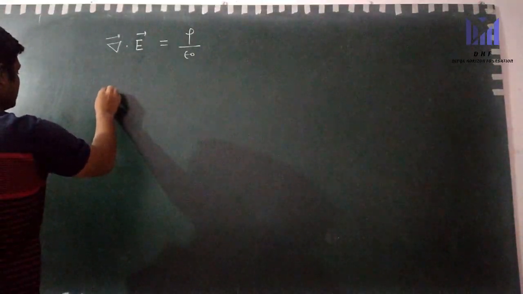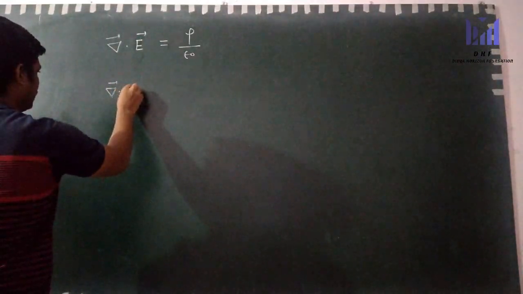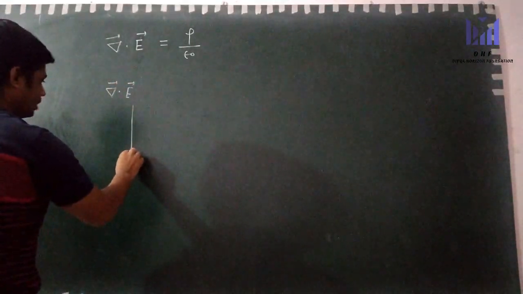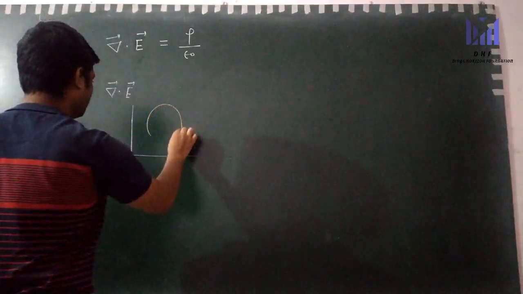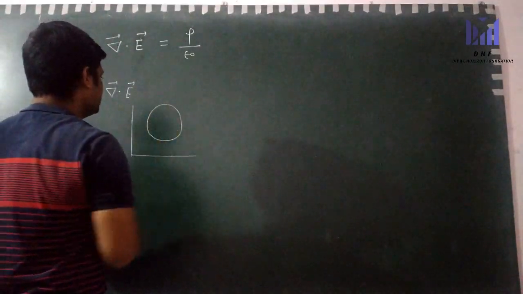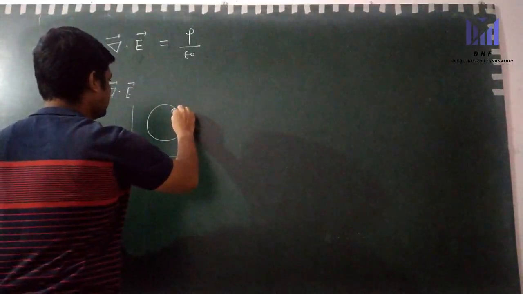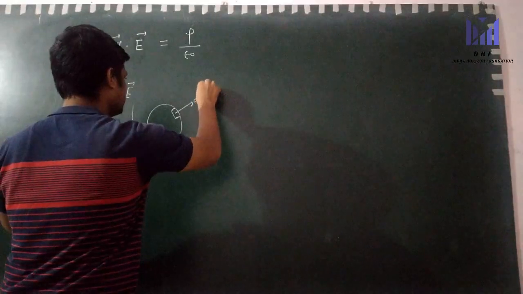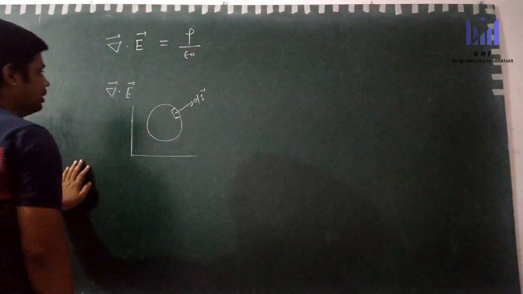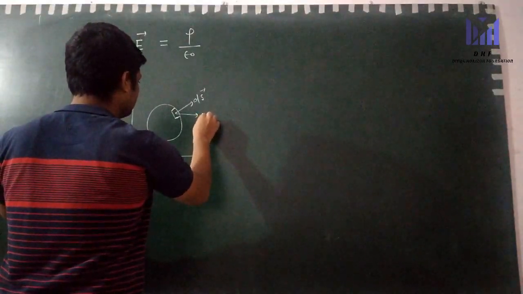mathematical meaning is, when we calculate the divergence of electric field at any point, we consider a small volume in the space, then the surface which surrounds this small volume, on that surface we consider an elementary surface given by ds, let's say in this direction, and at that point there must be an electric field, let's say in this direction.